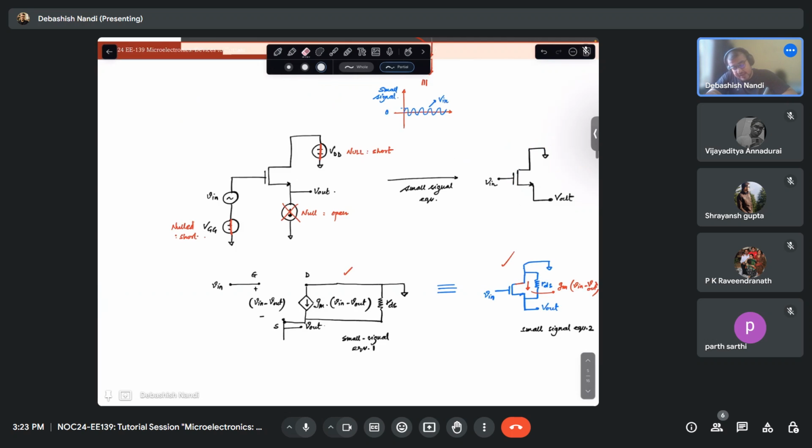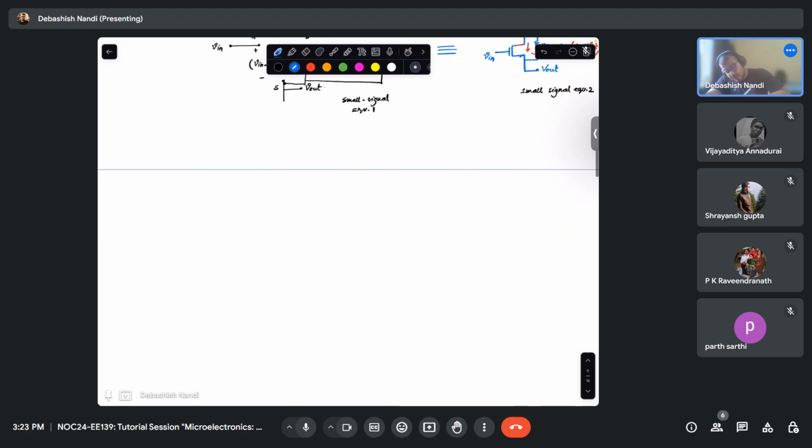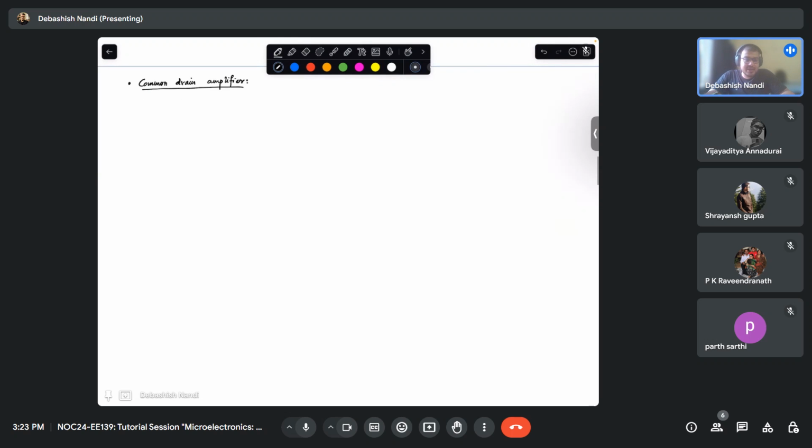So now analyzing the common drain amplifier, let us take a common drain amplifier. I can take any configuration, but let me choose this one.